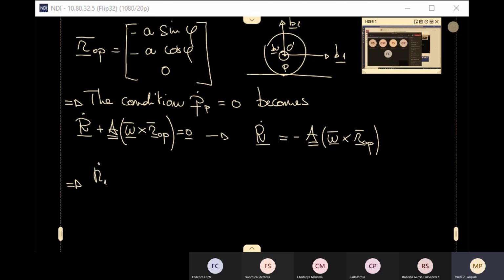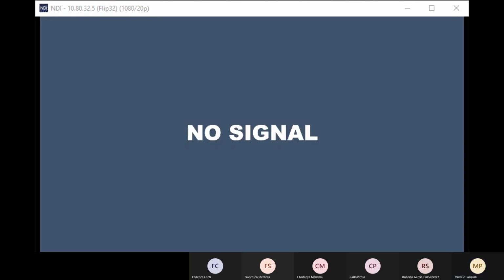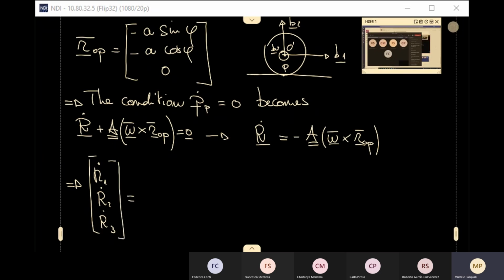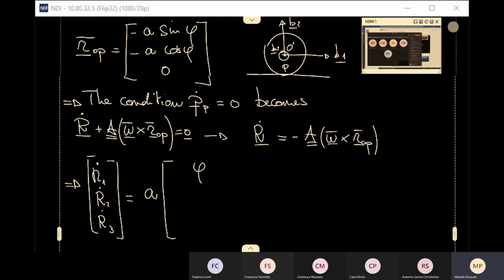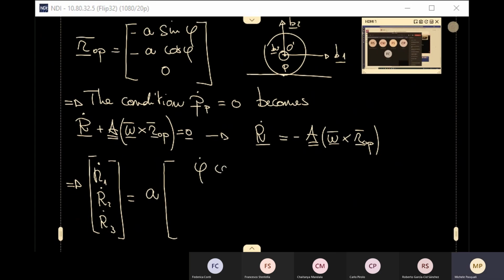R1 dot, if we write it in componential form, R3 dot, A, which is the radius. If you do all the math, you get the following. Bar phi dot cosinus of psi.